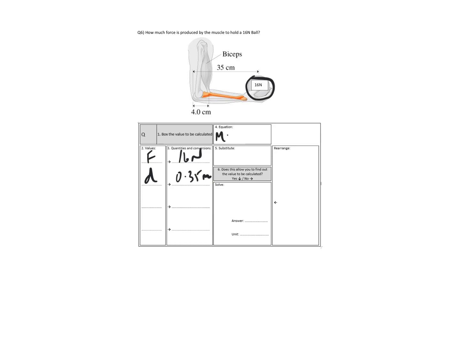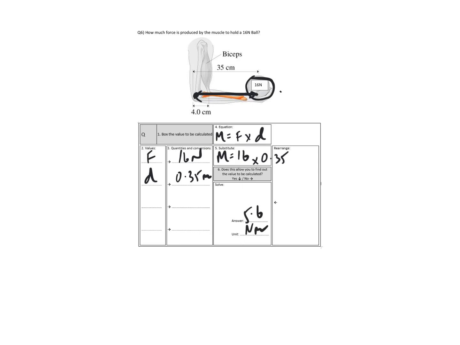The equation, moment equals force times perpendicular distance away from the pivot, so that's the distance here. So we need to put the numbers in. So the moment equals 16 multiplied by the distance 0.35, and using a calculator the answer gives us 5.6 Newton metres.